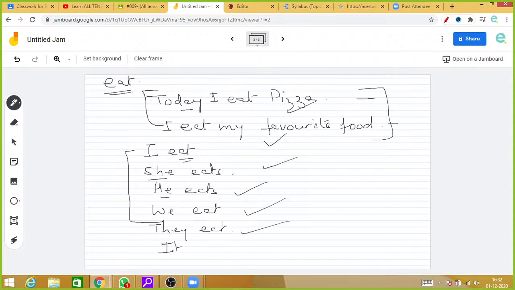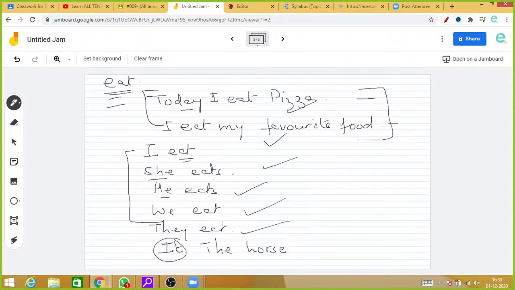It के साथ क्या लगेगा? What will you put? It. Say for example, the horse along with eat. What will you say? The horse eat or eats?